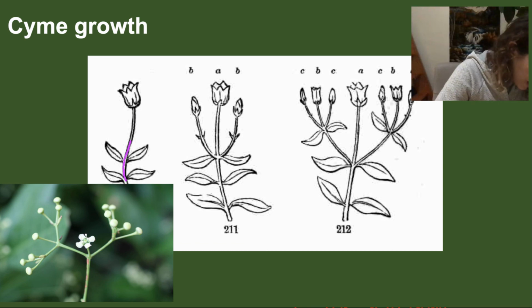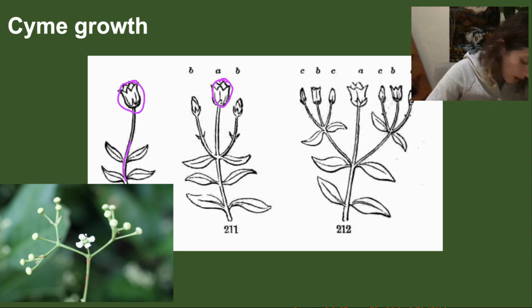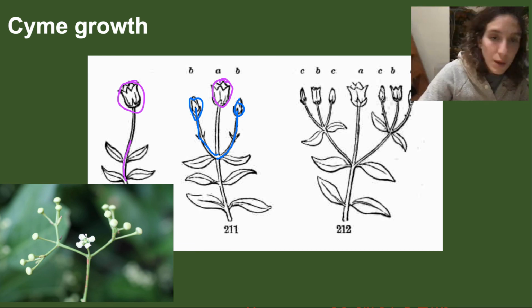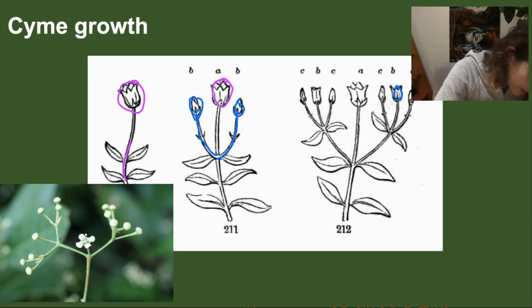And so this flower, this is the same one right here. As time has gone on, there's been some growth, and now we've got two younger flowers underneath. Those two younger ones are equivalent to these, right? That first one is still that big central one in the middle.